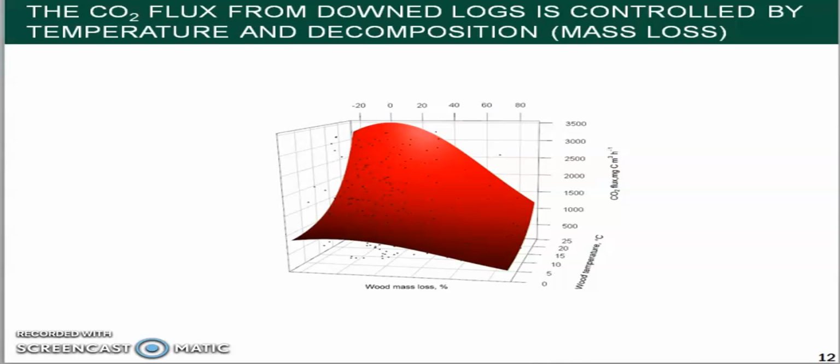If putting all tree species together and calculating mass loss percent, so relating given bulk density to the bulk density of living trees, we get the following surface. So maximum flux was observed from wood mass loss percent 0, and then it is decreasing following the degree of decomposition of logs.